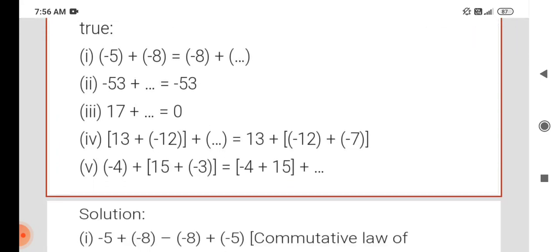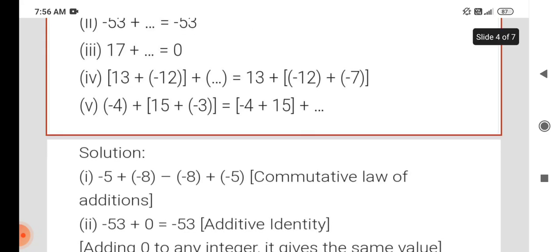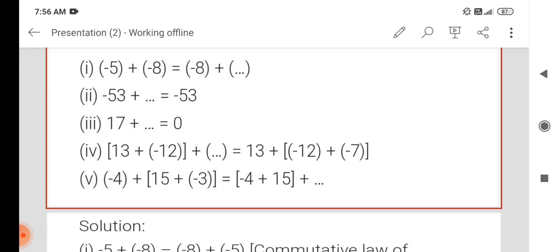So first is the commutative law of addition, because if we write -5 at the start or at the last, it's our choice. We add numbers like -5 and -8, and I put -8 in the blank, because the equation has an equal sign, so we put the same integers on different sides.